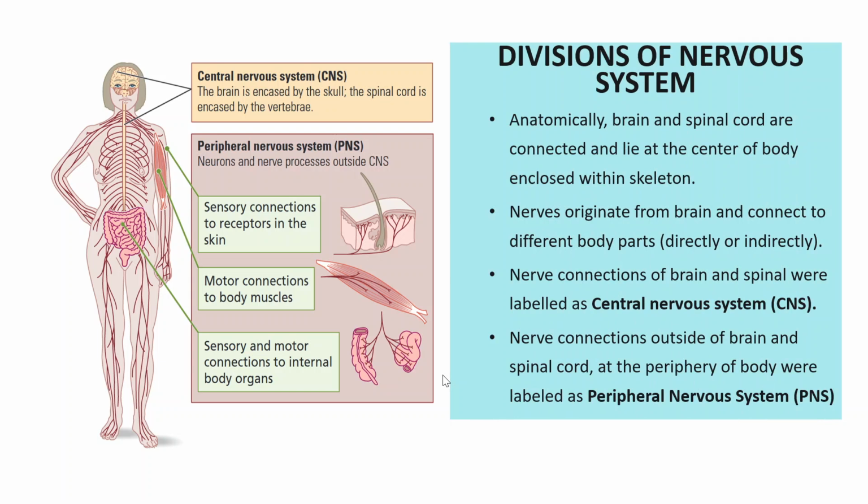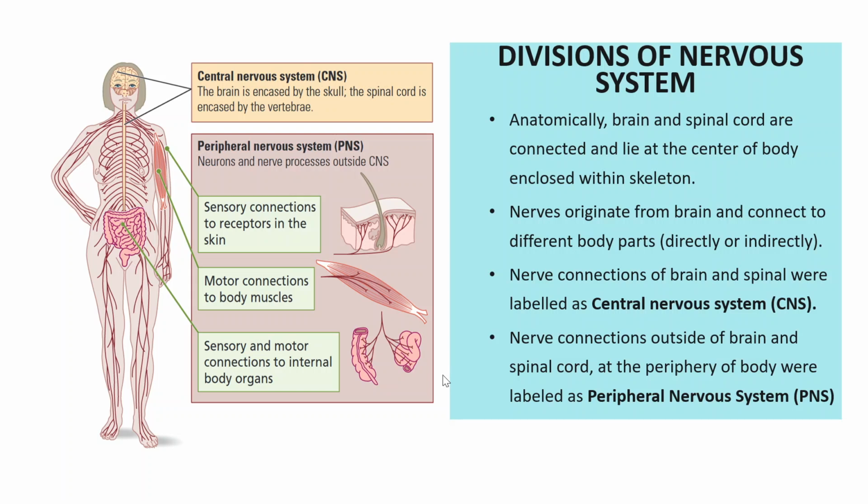Okay, and the peripheral nervous system is all the nerves that connect the brain and spinal cord to muscles or other organs. So organs that are not directly connected to the spinal cord or brain are connected through peripheral nerves.